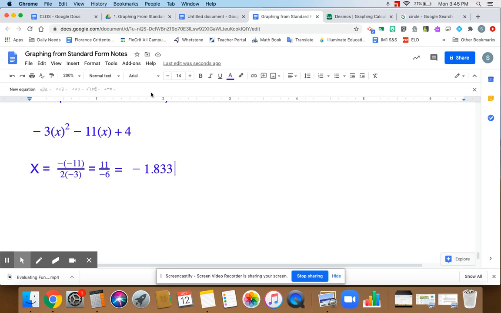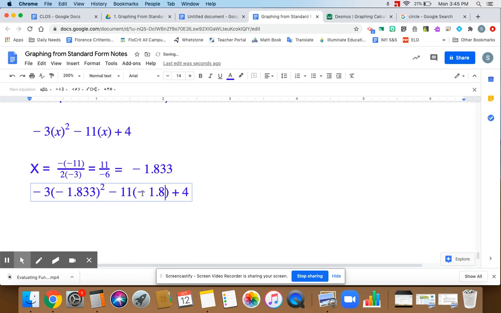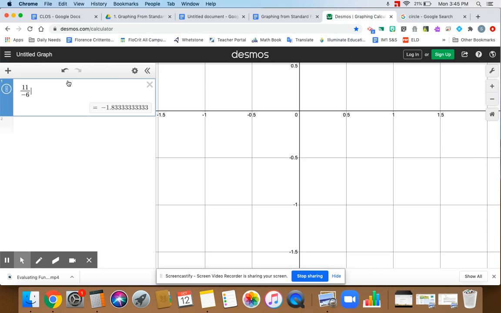So now I can take my equation to get the y and plug in that vertex, negative 1.833, negative 1.833. When I do that, it'll tell me what it equals, which will be my y value.